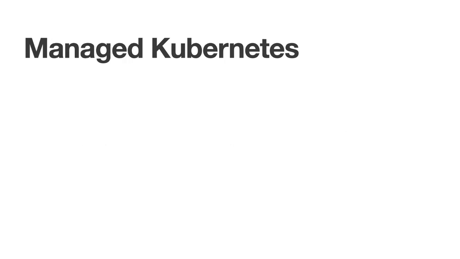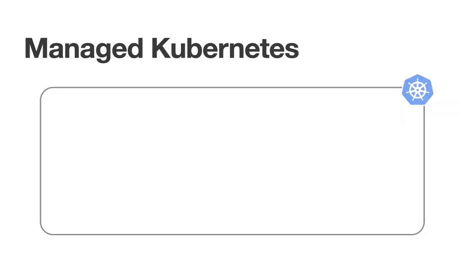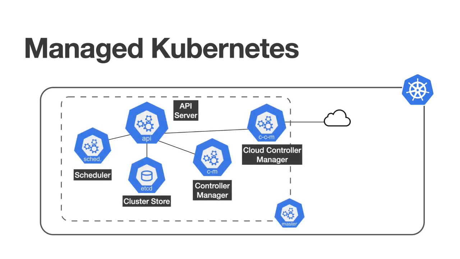Well, if we start from our cluster, you saw that we have the control plane, right, which is made of all of these components. And what it means to be managed is that you don't have to worry about the master node as well as all of these services that run within the master node, such as the scheduler, the API server, the cluster store, controller manager, cloud controller manager, and so on and so forth.